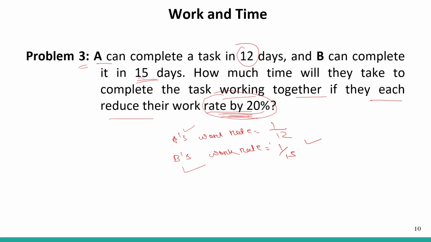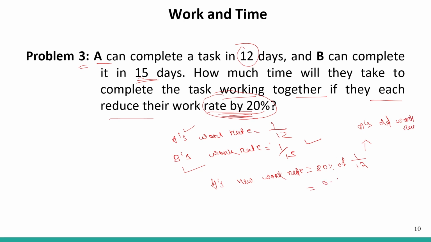So basically A's work rate will be 80%. A's new work rate is equal to 80% of 1 by 12, which is A's old work rate, right?